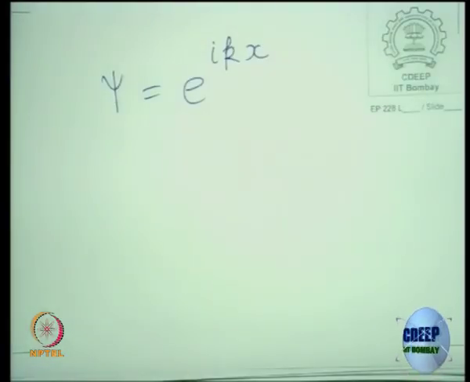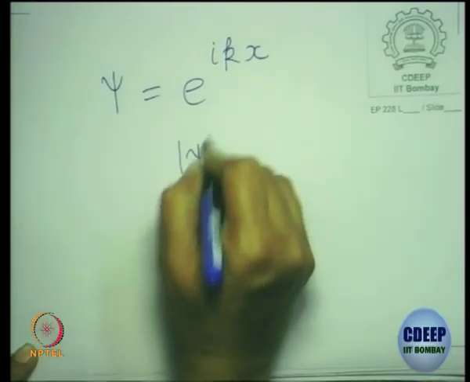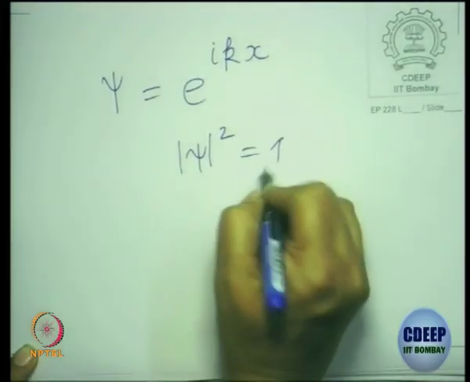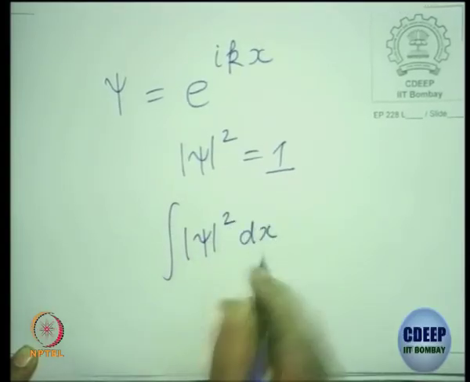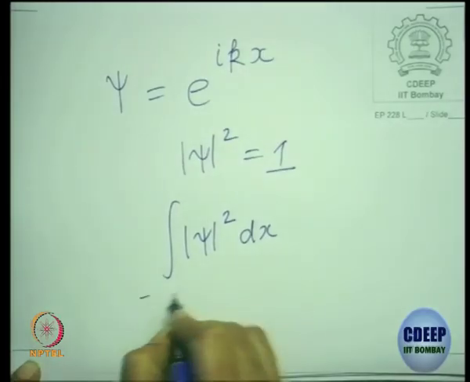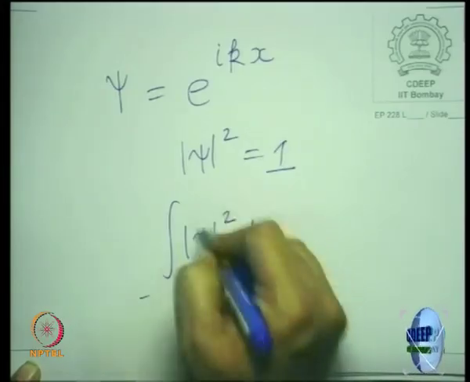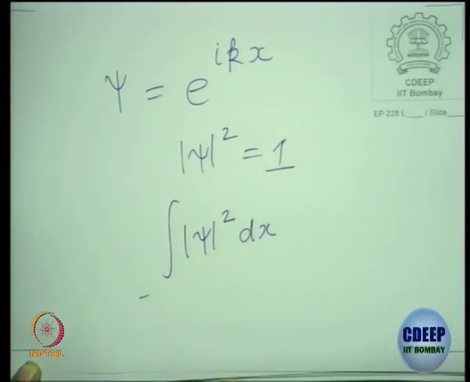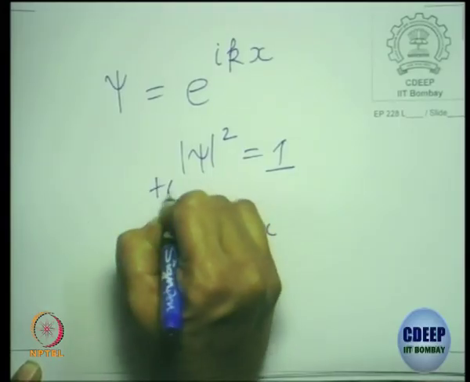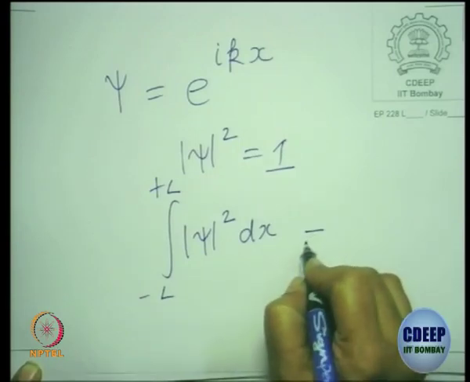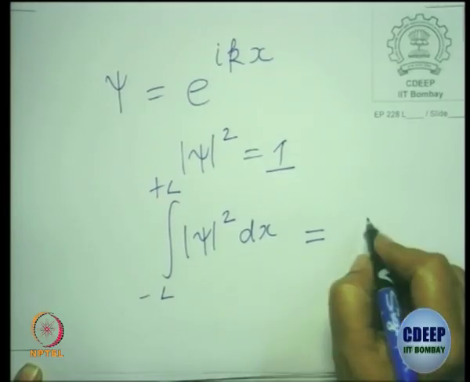When I do the probability mod psi squared, that is 1, and the integral of mod psi squared dx, if you go from minus infinity to plus infinity, will be infinity, because mod psi squared is 1. But what you will do is put the limits from minus L to plus L or something. What will that be? It will be 2L, right?